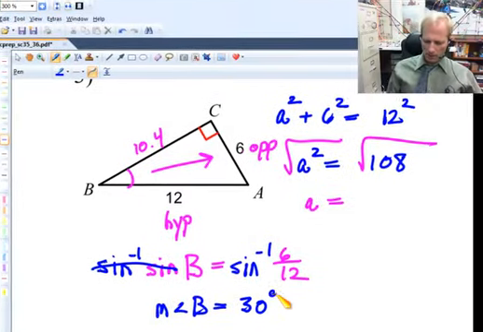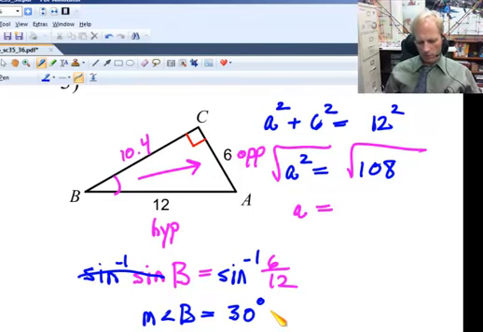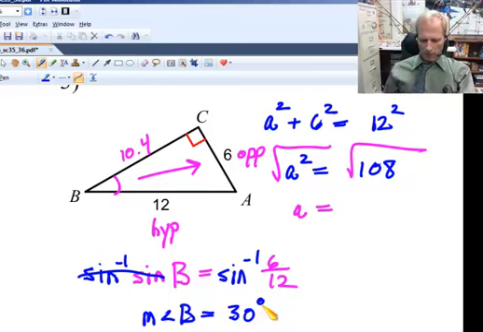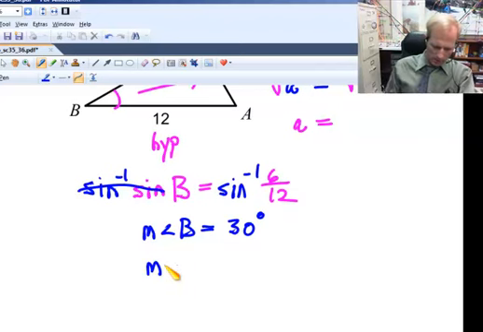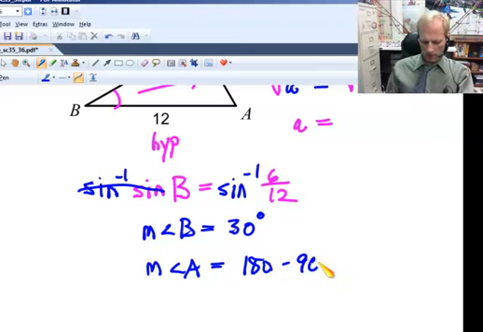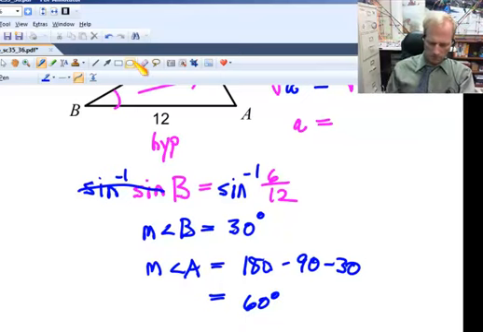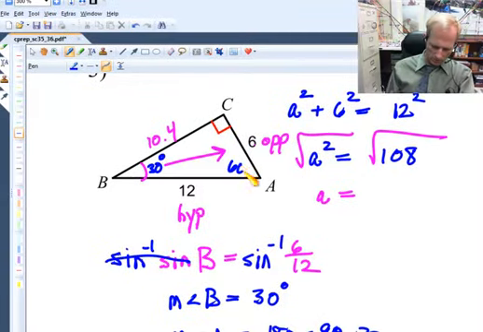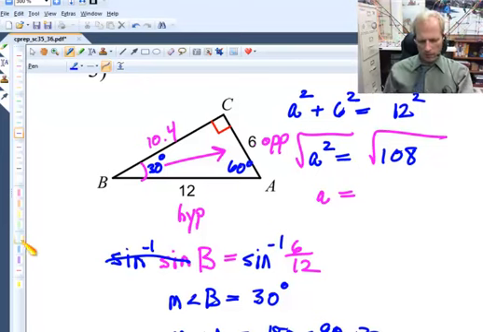So the measure of angle B then is 30 degrees, and now that I know the measure of angle B, I can easily find the measure of angle A by subtracting the 30 degrees and 90 from 180, which is 180 minus 90 minus 30, which is 60 degrees. So now I've solved my triangle. My sides are 6, 12, and 10.4, and my angles are 90, 30, and 60.